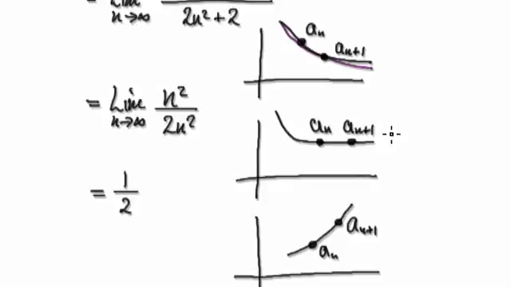Remember, we are not talking about the limit of the sequence itself. We are talking about the limit of the ratio. If you have a limit of ratio equaling 1, then it's just flattening out. If it's less than 1, it's going downhill. If it's bigger than 1, for example, let's imagine this to be 3, this to be 2.